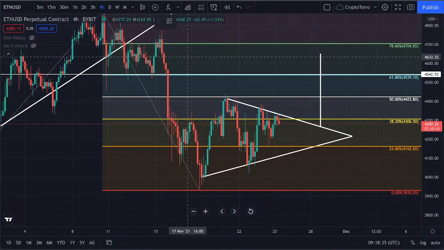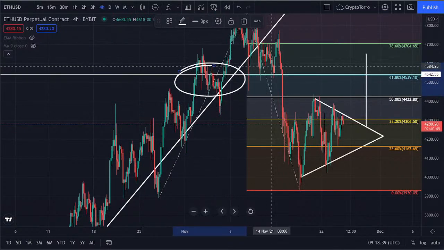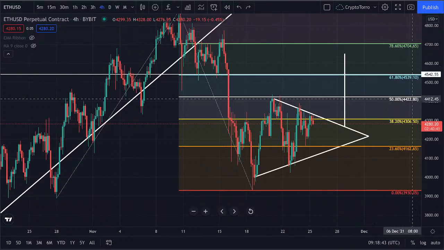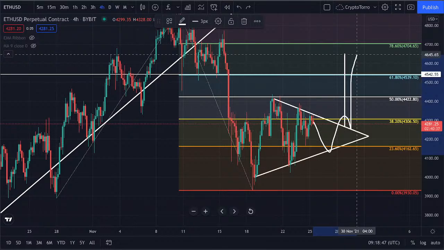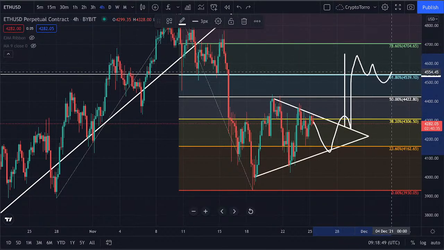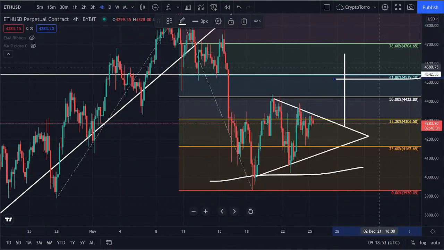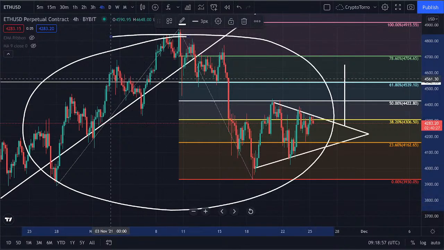And what I'm seeing is that the level I discussed previously, this major level of support, is at the 61% Fibonacci. So clearly, we would like to see a breakout above this range, find support on top of it, creating a new higher low, and continuing with the uptrend that we were seeing on Ethereum previously.